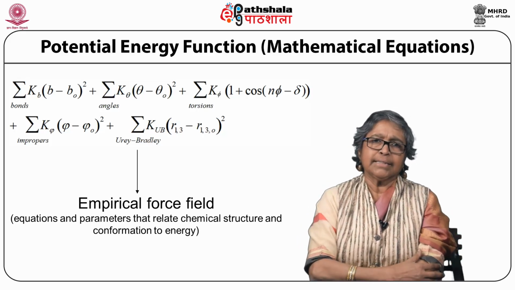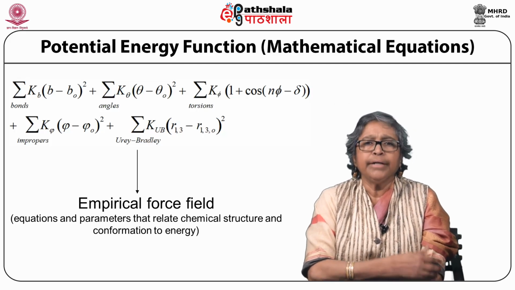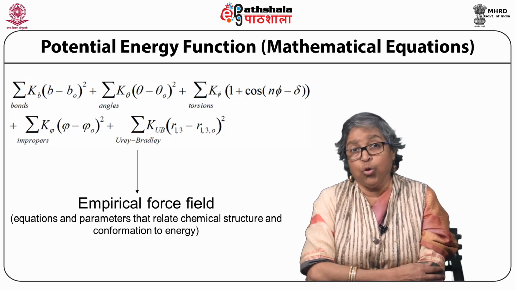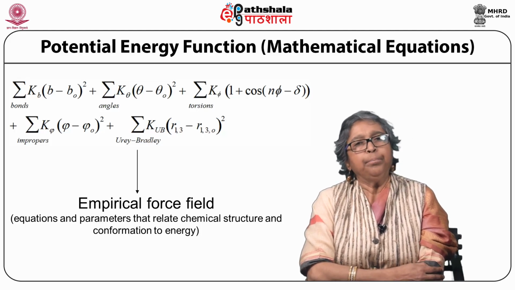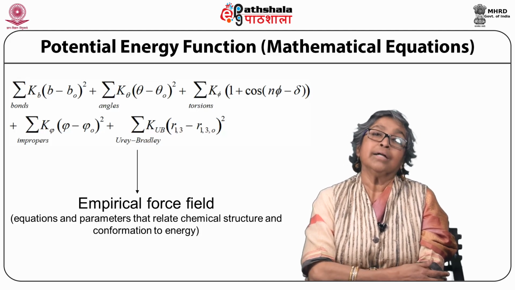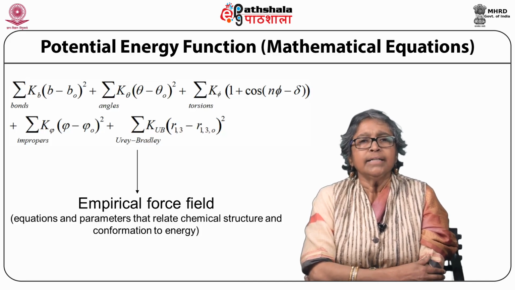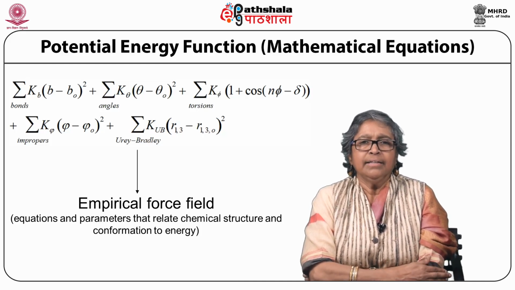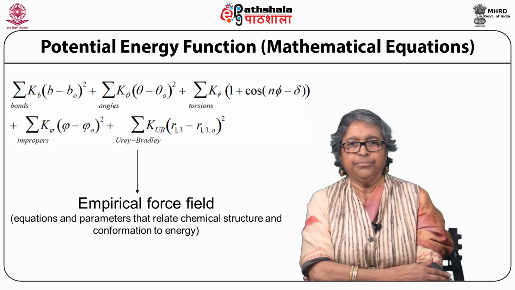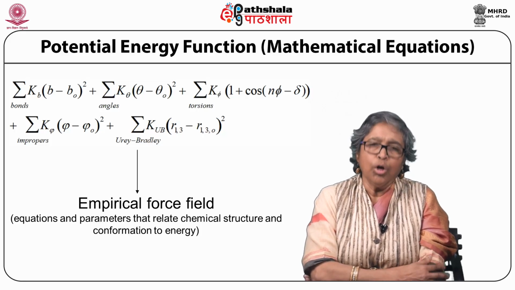These parameters like Kb, K theta, K phi, etc. are derived from knowledge already known from spectroscopic and other experiments, and the b zeros, which are the equilibrium distances, come from the X-ray structure of small molecules. This equation basically relates the energy function or conformational energy function with the structure of the molecule.